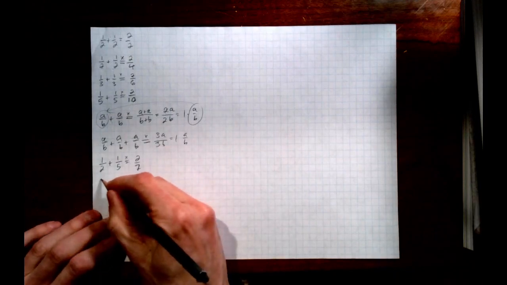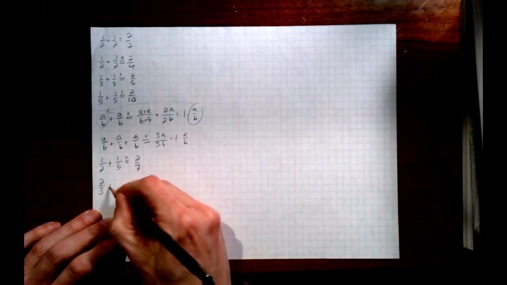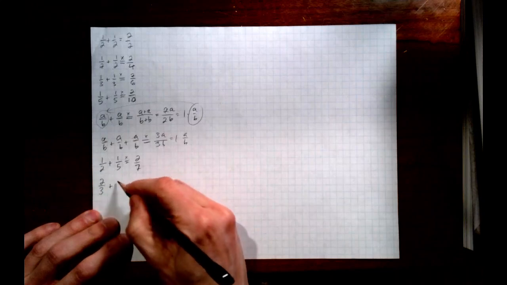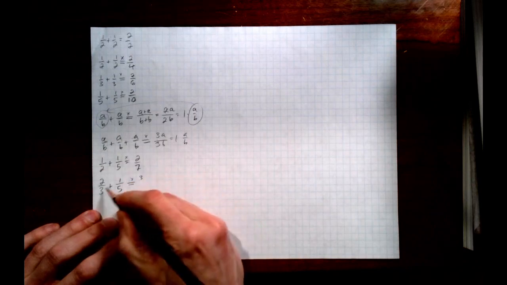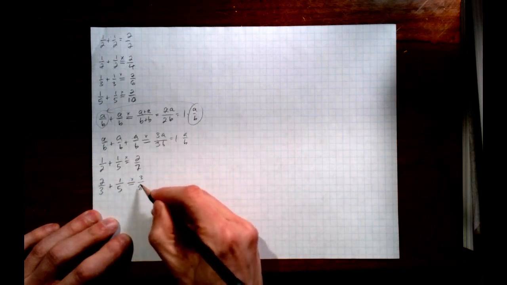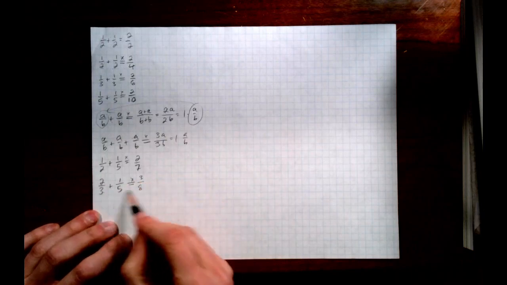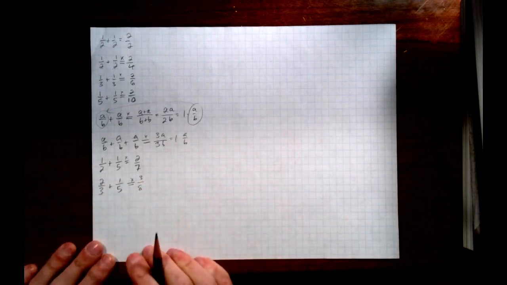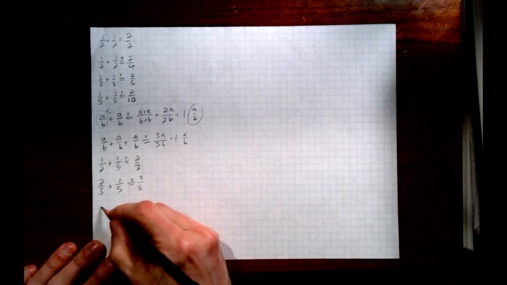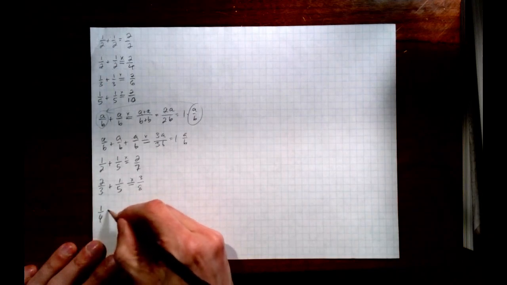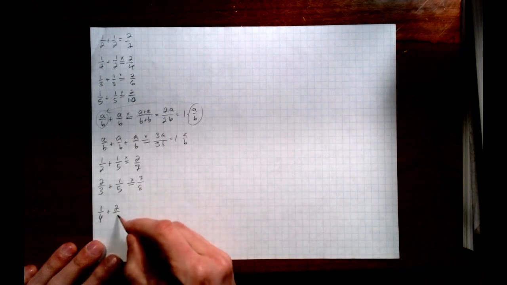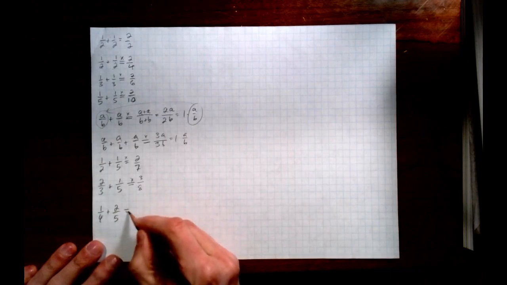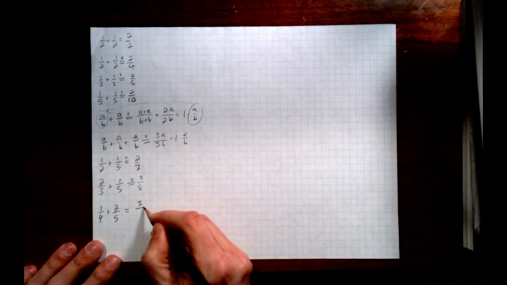Am I going to see a pattern with this? 2/3 plus 1/5 gives 3 over 8. Just adding these, just doing it wrong on purpose. Let's do one more. 1/4 plus 2/5 gives 3/9.